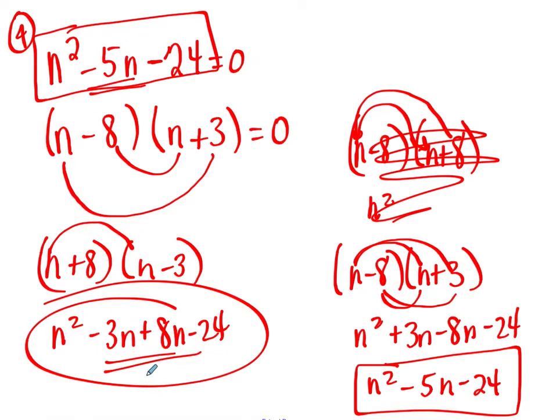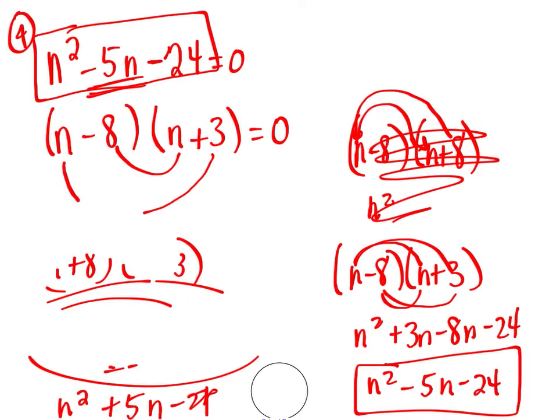But you have to simplify it one more, because 8n and 3n is going to be 5n, is it not? Positive 5n. Yeah, that's what I missed. You need it to be negative 5n. I see. You can check it that way.